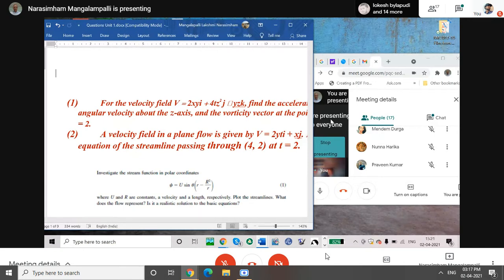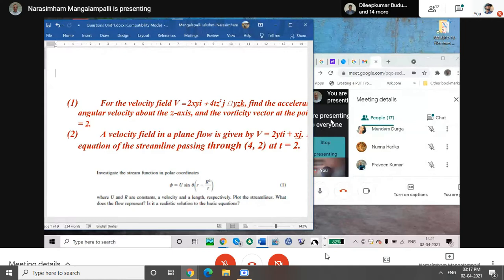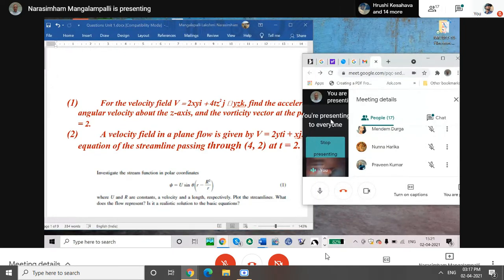Steady flow means it does not vary with time. Is our present case varying with time? It does not vary with time, sir. Is it not varying with time?